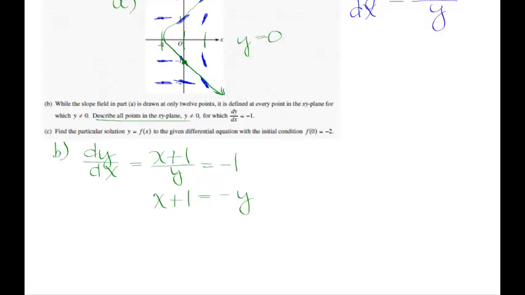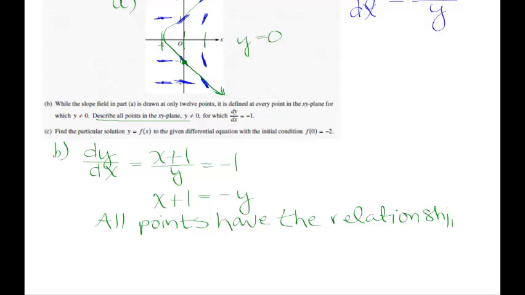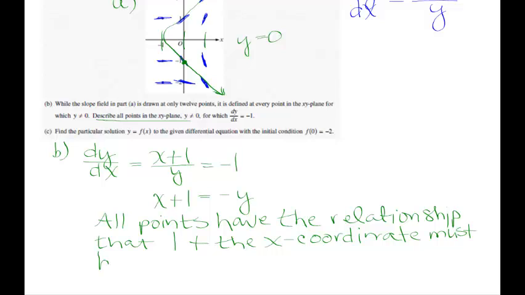Well, we could say that all points have the relationship that 1 plus the x coordinate must be the opposite of the point's y coordinate.